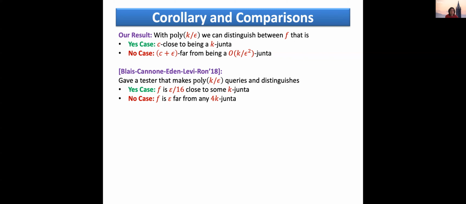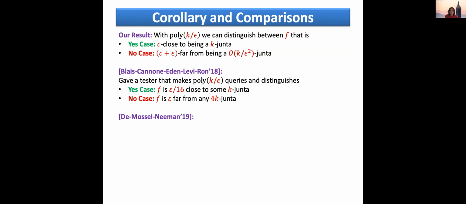Blais et al. in the same paper gave a tester that made polynomial in K over epsilon queries and distinguished between F that is epsilon over 16 close to some K junta, and F being epsilon far from any 4K junta. So their result is better in the sense that they have 4K instead of O of K over epsilon squared, but it still has this multiplicative gap that precludes one from certain values of epsilon and epsilon prime.